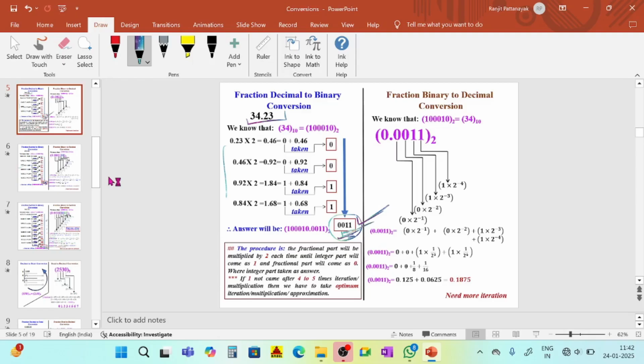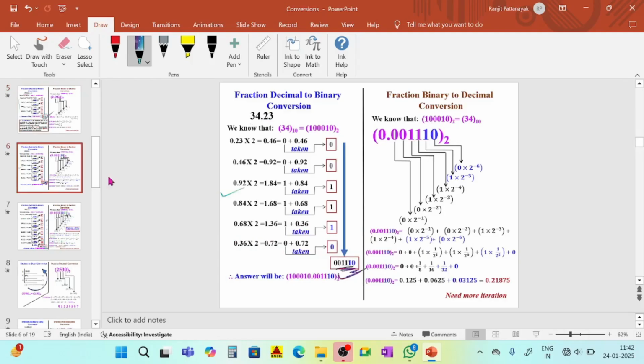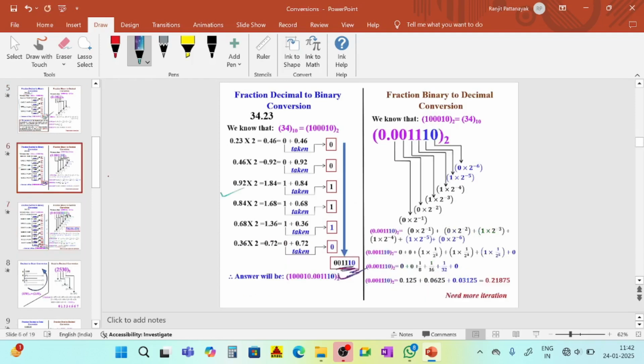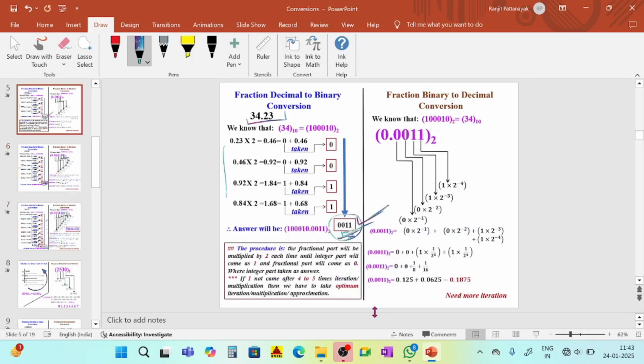This answer will be acceptable, this answer also, and this answer also, but carefully watch which answer has been given. Suppose this answer is not given, and the answer after 6 iterations is given, so that will be the answer. You have to click on that particular option. Suppose the answer after 4 iterations is given, so this also will be the answer. Carefully handle this type of question.